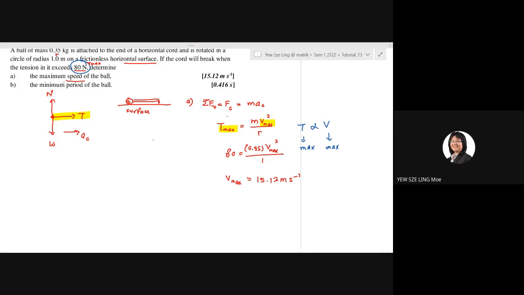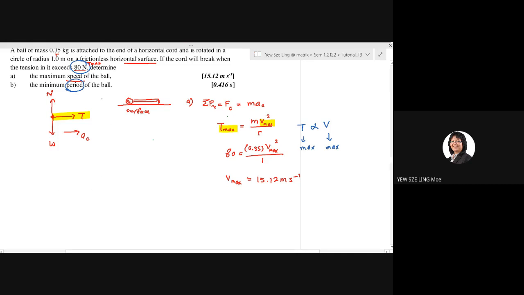And then next, how to calculate the period of the ball. Next we want to calculate the period. If you look at these equations, T max equals mv squared over r. So how are we going to calculate the period? Which equation can give us the period? Aha. Let's start from v.